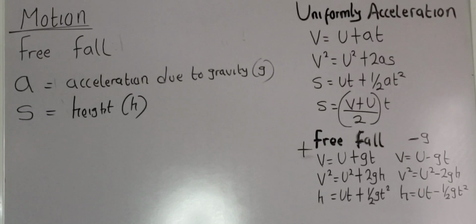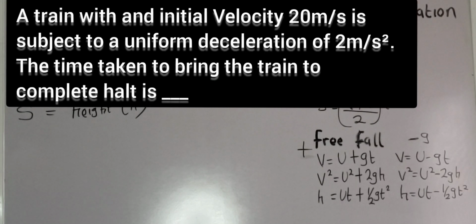A train with an initial velocity of 20 meters per second is subjected to a uniform deceleration of 2 meters per second squared. The time taken to bring the train to a complete halt is dash.